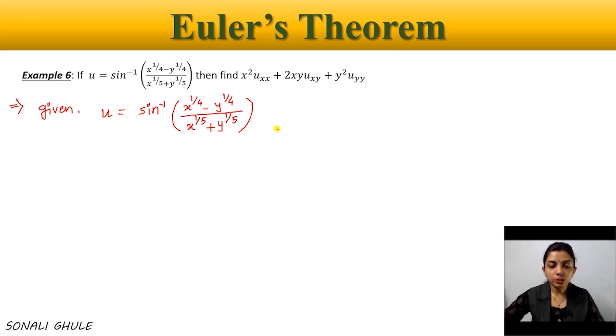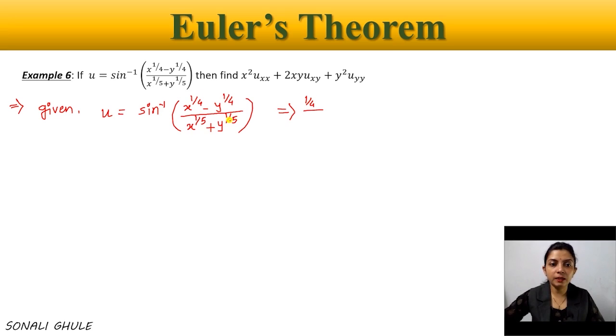Okay. So here we have to find a degree of this homogeneous function. It is homogeneous, we can see. In numerator, each term having same degree. In denominator, each term having same degree. Right? So here, what we can write? Yes, degree in numerator is 1 by 4.